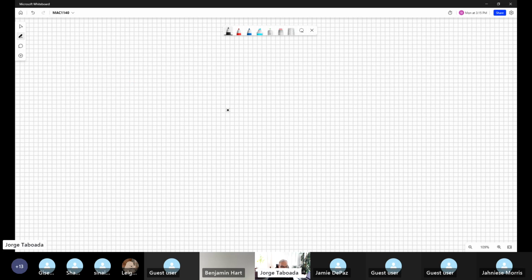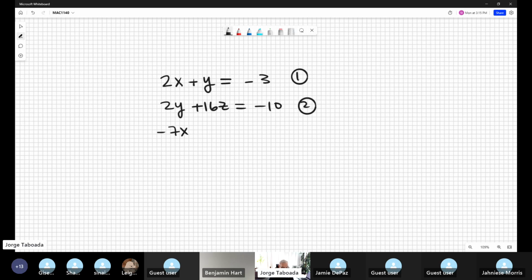In black color: 2x plus y equals minus 3, equation 1. 2y plus 16z equals minus 10. Negative 7x minus 3y plus 4z equals 8.